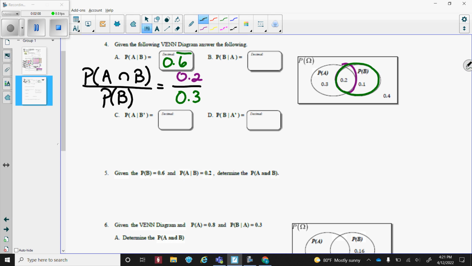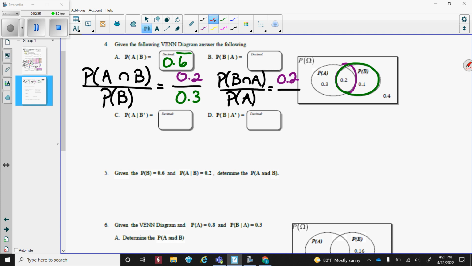So now let's look at part B. Same thing, just switch the letters. Well, sure, we can do that. Probability of B and A, still going to have that same intersection, but now our denominator is the probability of A. So our intersection is still the same. It's that 0.2 that we saw earlier. A and B, B and A, same thing. What's different is our denominator.